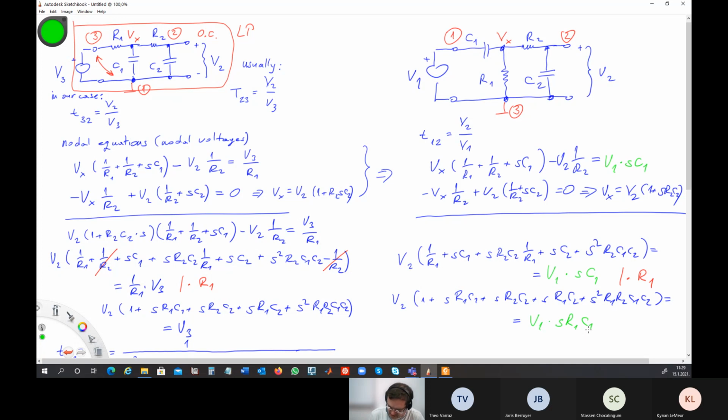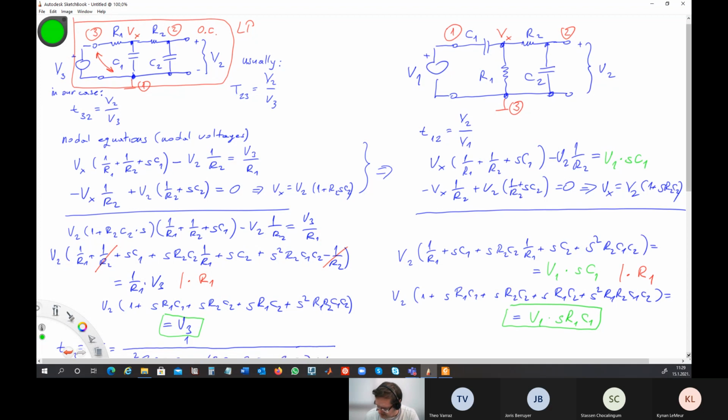Okay, so this is the difference. Here we have V3, and here we have V1 times S R1 C1. Everything else is the same.